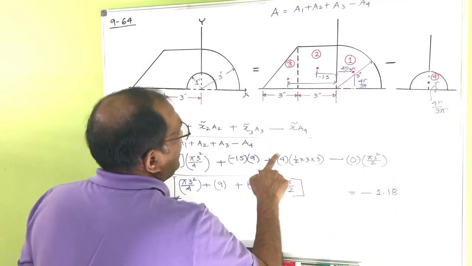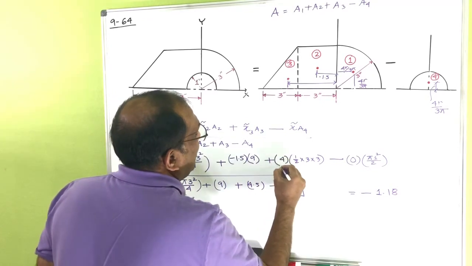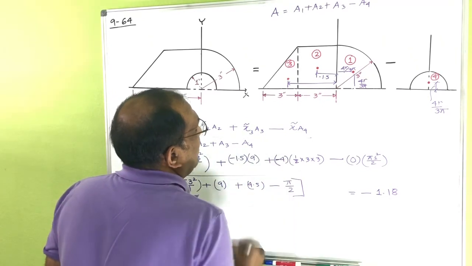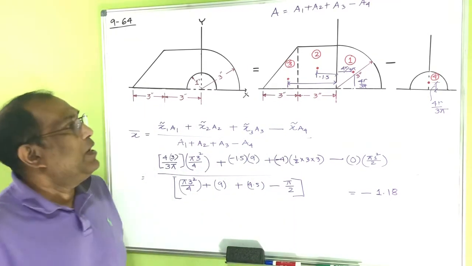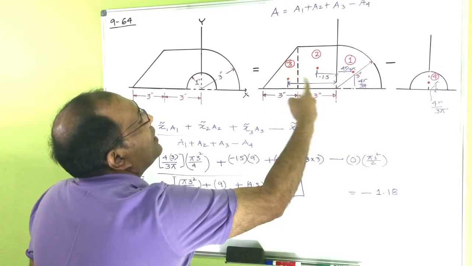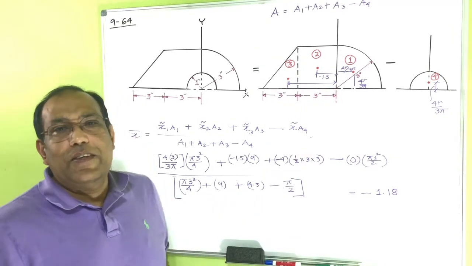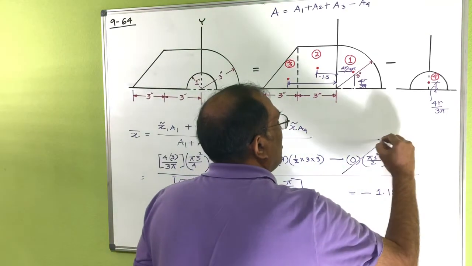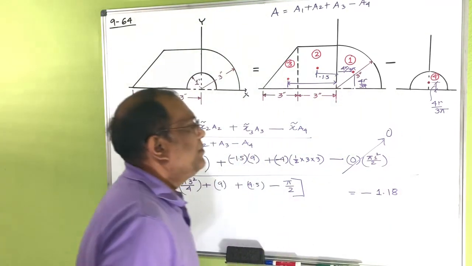Oh, I made a mistake here. This one has to be negative here, okay? This one has to be negative because I'm measuring that one from here to here, okay? And this one is going to go to 0.